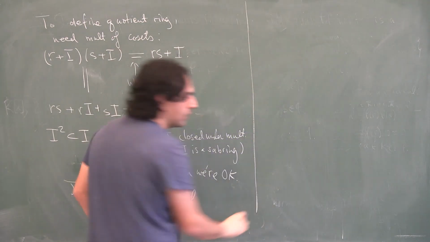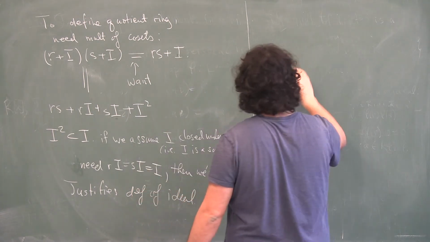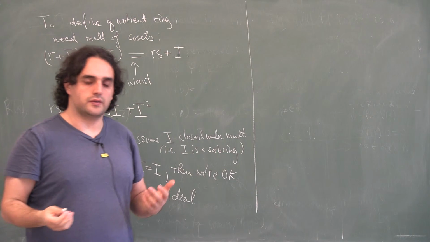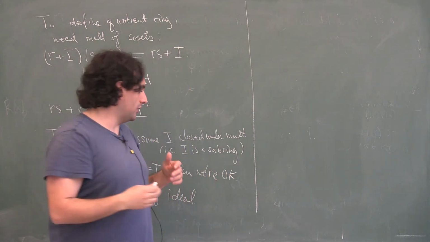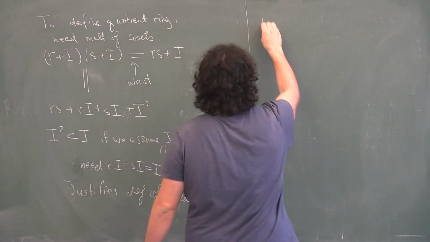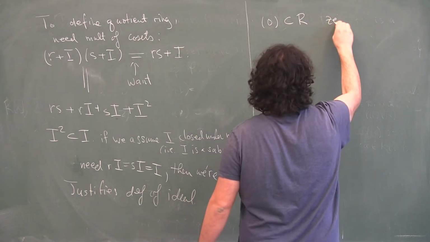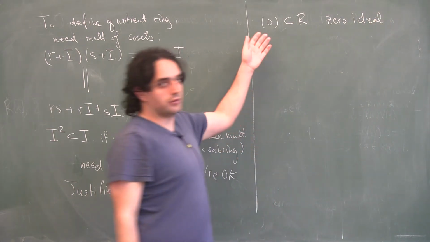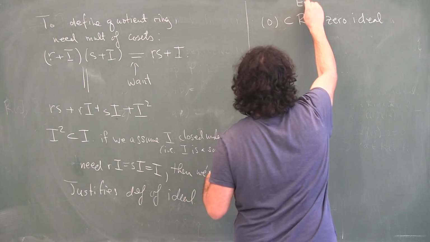Okay. Let's see some examples of ideals. Just like the identity is a trivial subgroup of every group, the zero ideal is a trivial example of an ideal in any ring.